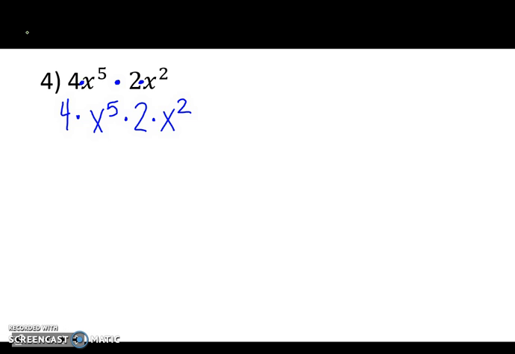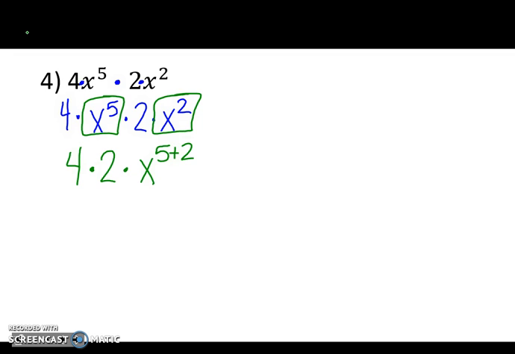All right, so then I'm going to combine like bases. So I have 2 sets of x's. So I still have 4 times 2. And then I'm going to take the base of x, and I'm going to put 5 plus 2. So 5 plus 2 is going to simplify to 7.